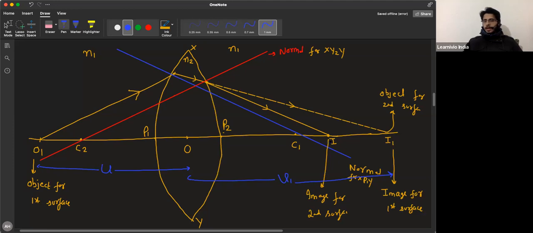And this I is the final image distance. This is V. From O to C1 is the radius of curvature of the first surface. Then O to C2 is the radius of curvature of the second surface. Mark these distances in your ray diagram: R1, R2, U, V, and V1.